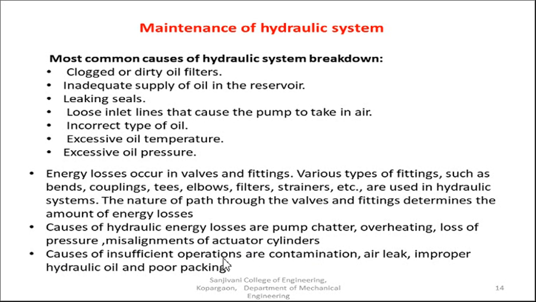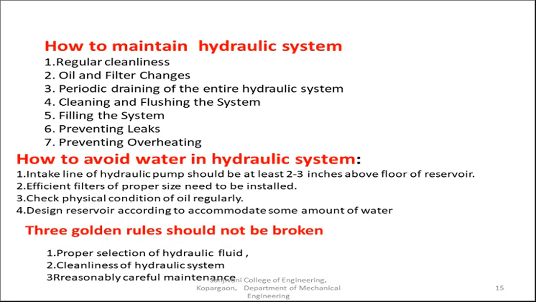The causes of insufficient operation are contamination, air leakage in the system, improper hydraulic oil, and a poor packing system used in a hydraulic circuit. So these are some causes. How to maintain a hydraulic system is critically important.